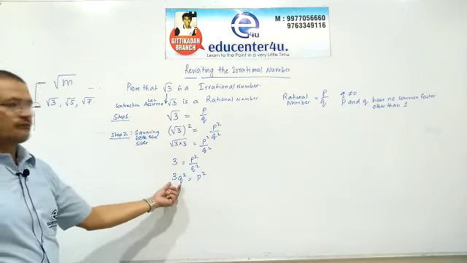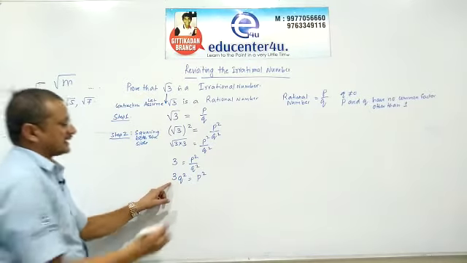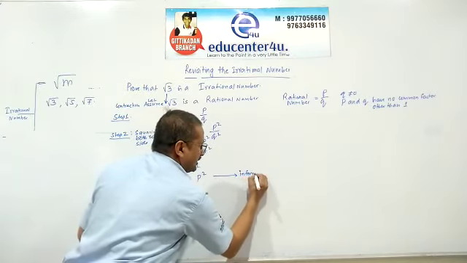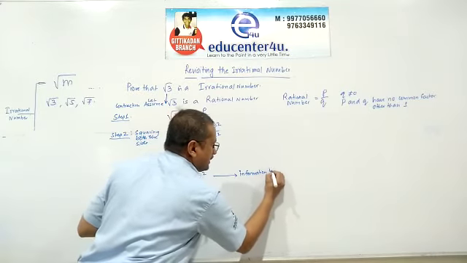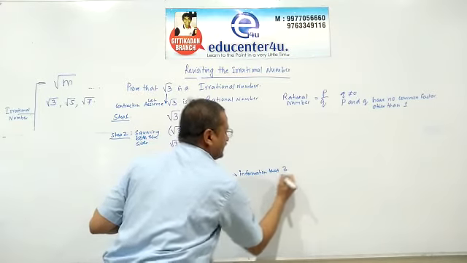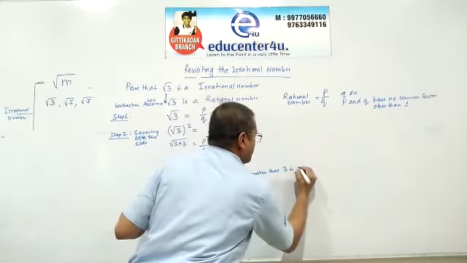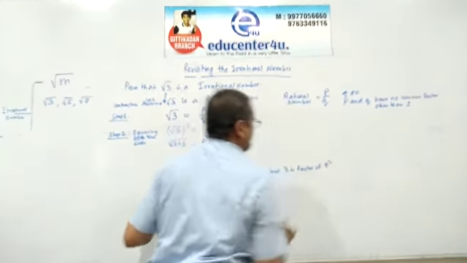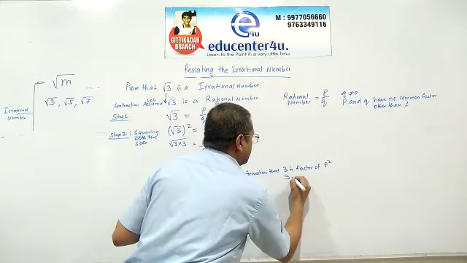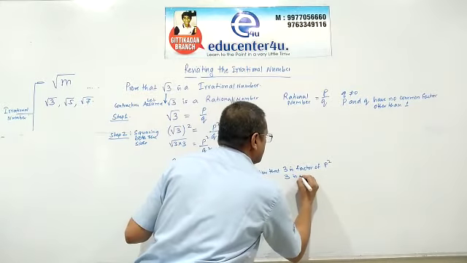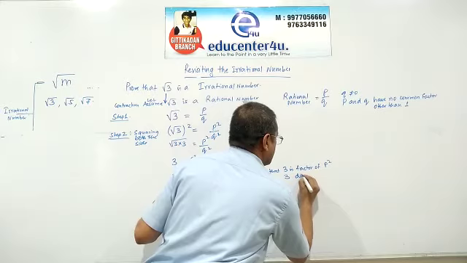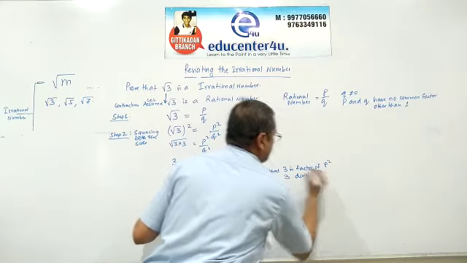So from here we get the information that 3 is a factor of p square. It means that 3 divides p square.